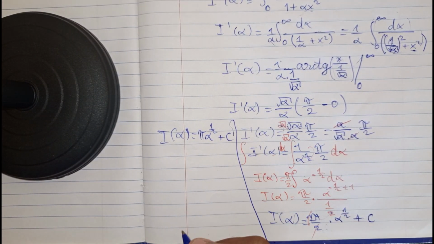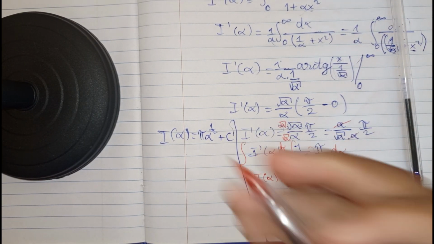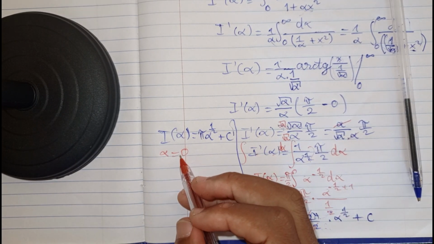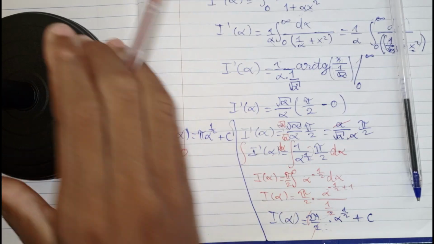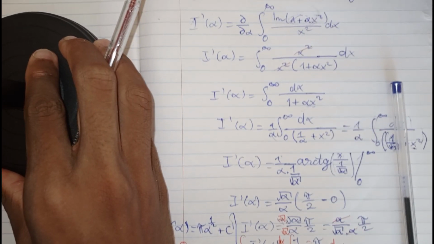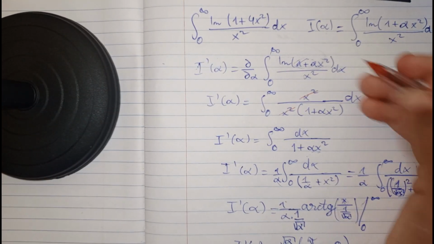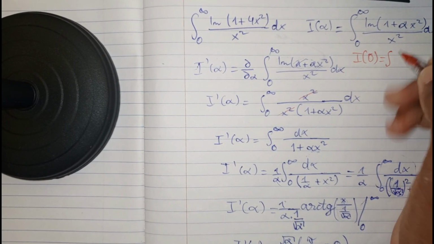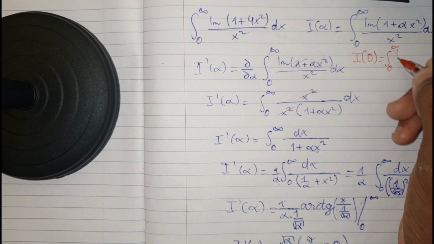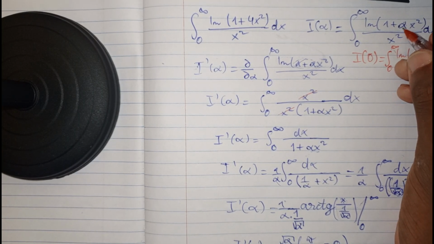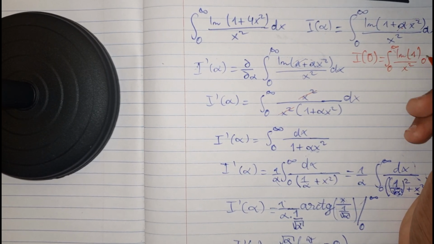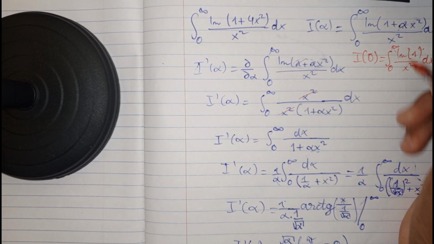Now we need to find this c. Most of the time, and this is the second time I'm telling you, we let alpha equal 0. If we let alpha equal 0, we come back to our integral. I of 0 is the integral from 0 to infinity of ln 1 over x squared dx, and ln of 1 is 0, so 0 divided by this is 0.